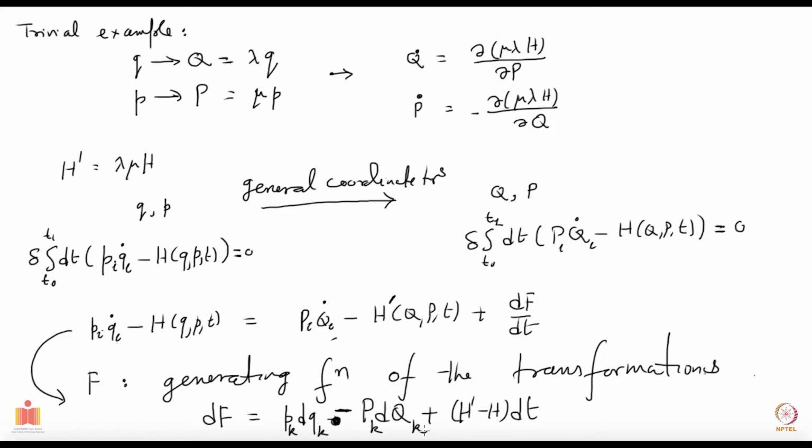Okay, now that's good. Now note that here F, because I'm writing on the right hand side, I could regard F as a function of capital P and capital Q, but I can choose any of the small q, small p, capital Q, capital P. If I take any two, I can treat them as independent variables. Let's see why. So suppose we start with Q and P as independent.